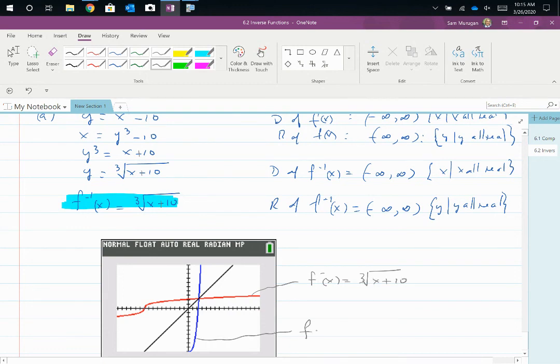And this is our cube function shifted 10 places down. And of course, this is the line y is equal to x.